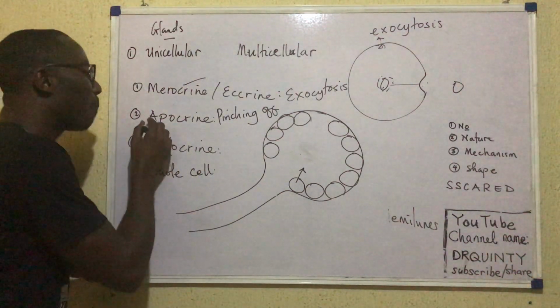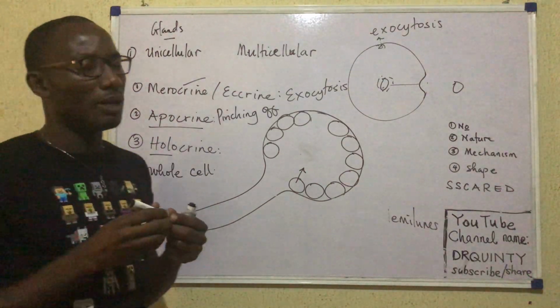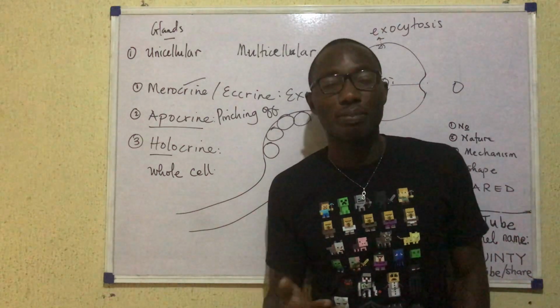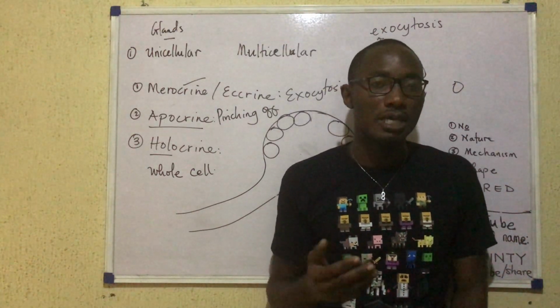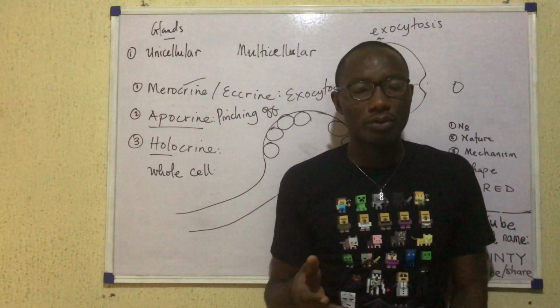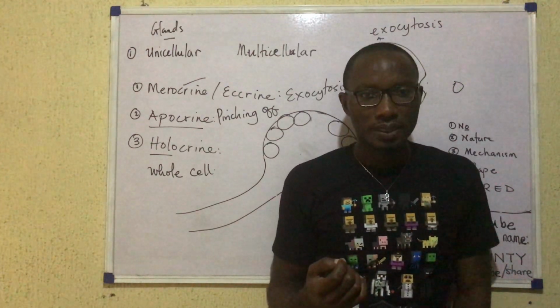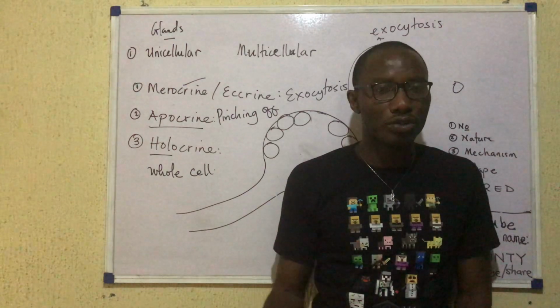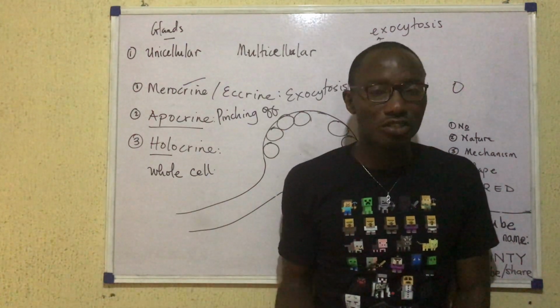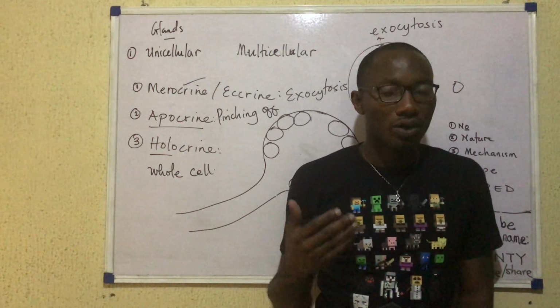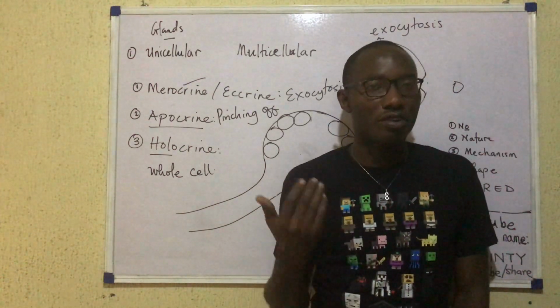Like I said, apocrine glands have their functions influenced by hormones, especially the male and female hormones. So they are glands that become active by puberty. In a small child of maybe 1 or 2, the apocrine glands may not necessarily become functional, but in later stages of life, they become very functional.